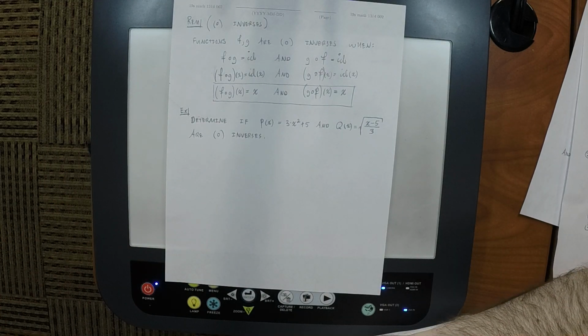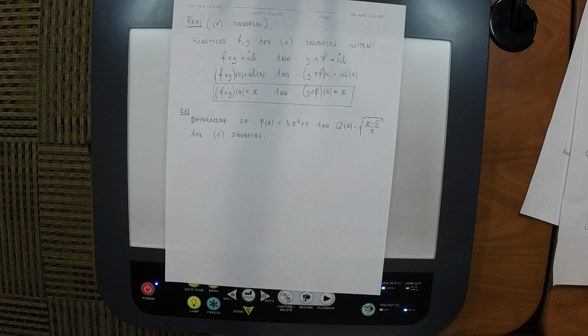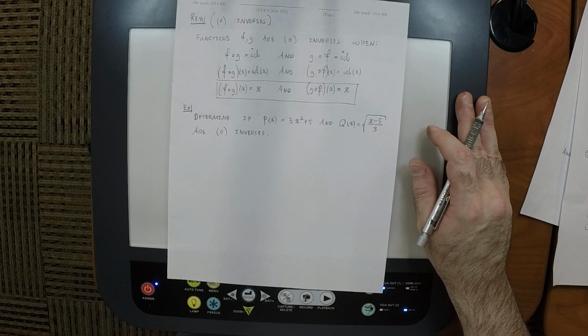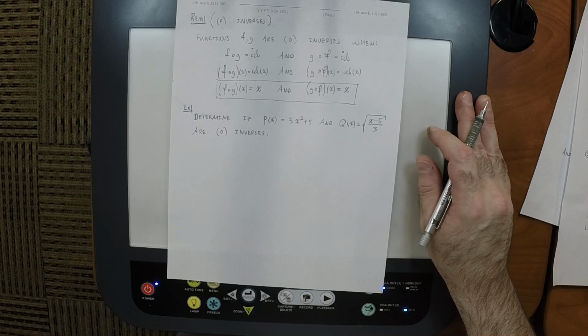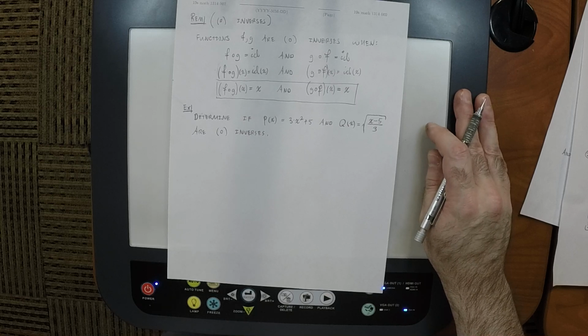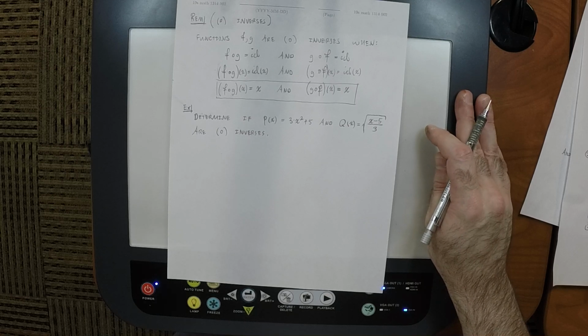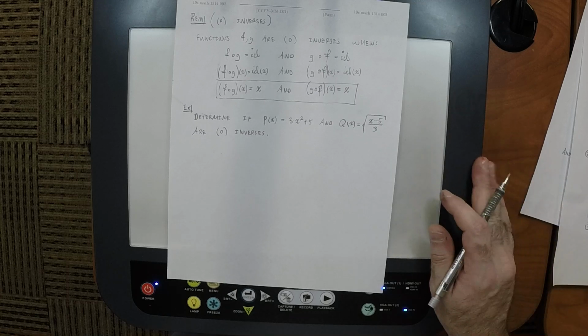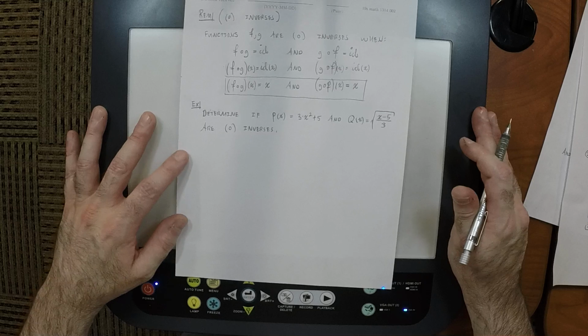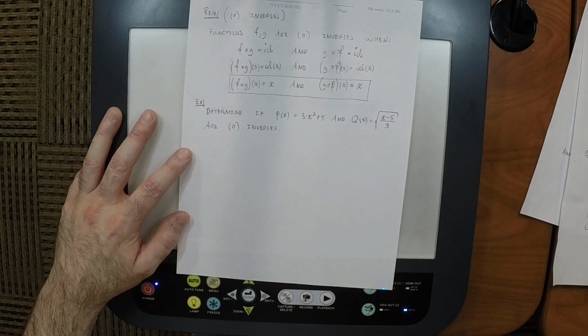All right. So this is just like at the beginning of the semester when I gave you a question like, determine if 3 and 5 are additive inverses, and what you needed to do was add them and say, well, I got 8, and that's not 0, so they're not additive inverses. So determine if they're composition inverses.